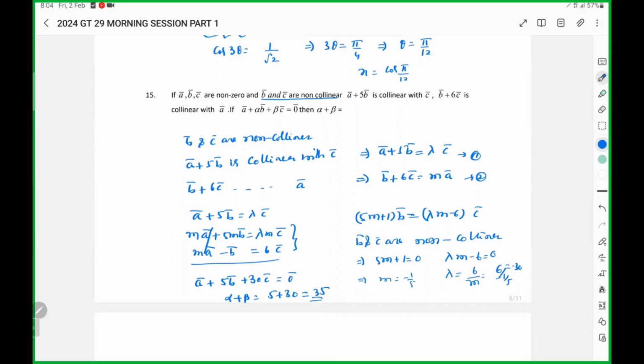Let me check once again. B plus 6C. After that, mA bar plus lambda. Am I saying it right? Six by minus 1 by 5.